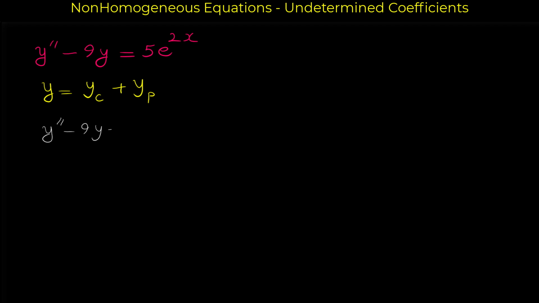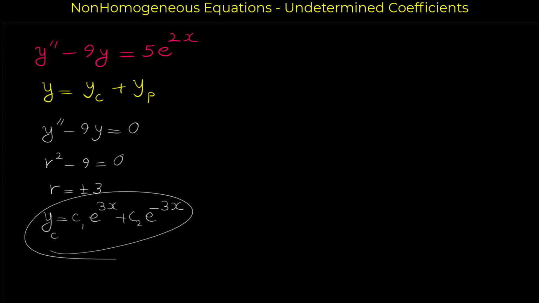For the complementary solution, we don't care about the right side of the equation. We set it equal to 0. For solving this, we write the characteristic equation. R squared minus 9 is 0, and from this, r is simply plus or minus 3. And because we have two distinct real roots, the complementary solution is c sub 1 e to the 3x plus c sub 2 e to the negative 3x.